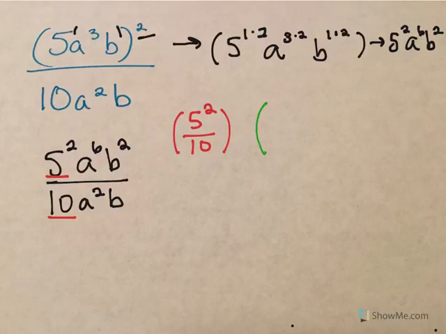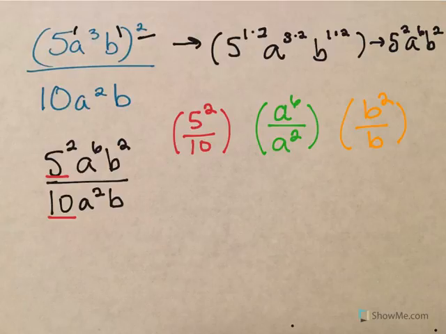So I'll write a to the power of 6 over a to the power of 2. And then our b values can be put into another set of parentheses. So here I'm going to write b to the power of 2 over b. Now we're going to solve each of these separate sets of parentheses and combine our answer at the end.